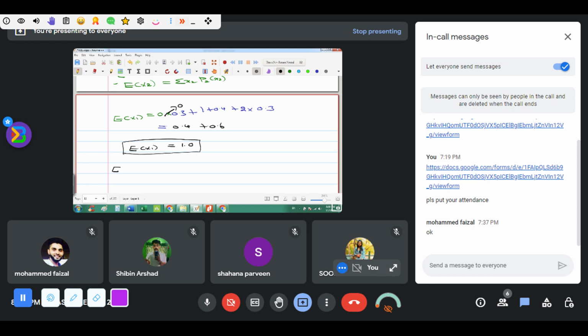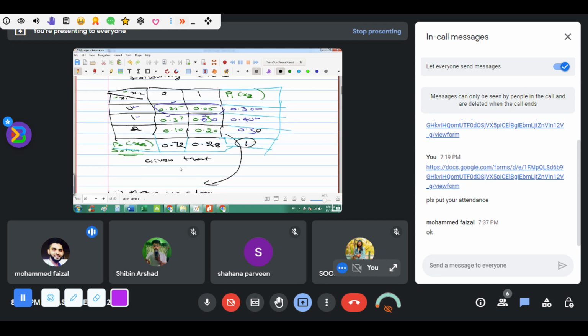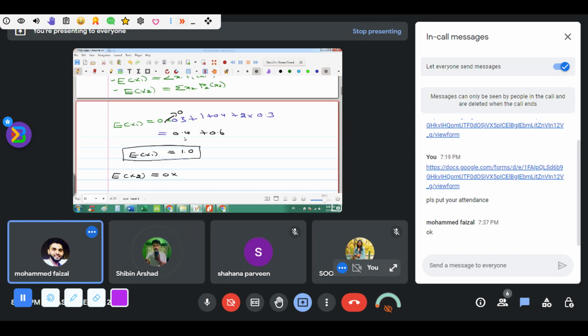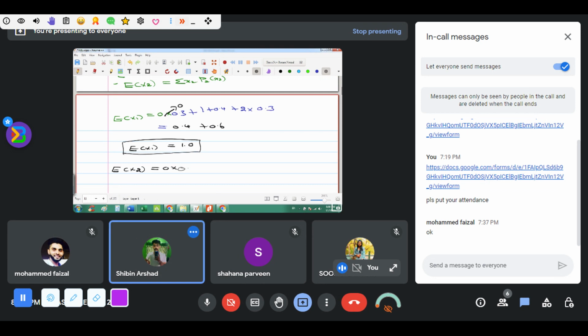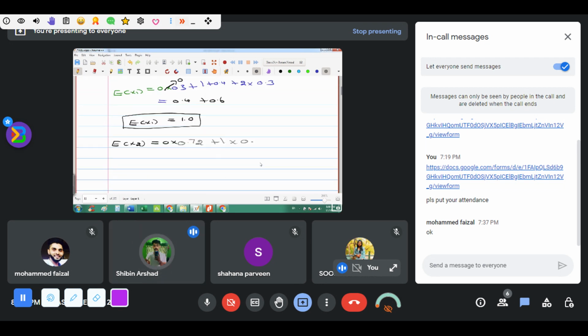Similarly, we can find E of x2. What is the E of x2 value? Same concept: 0 into the corresponding column value, same process in column basis. 0 into 0.72, plus next, 1 into the corresponding column value, 0.28.